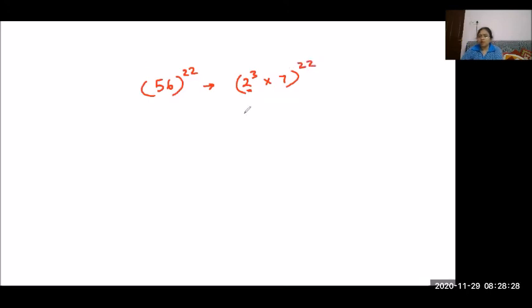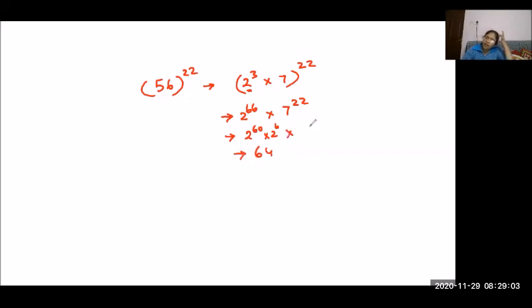This can be written as 2 to the power 66 into 7 to the power 22. Now 2 to the power 66 is 2 to the power 60 into 2 to the power 6. As I told you, 2 to the power 60 will give you 76, and 2 to the power 6 is nothing but 64. So your answer will be 64 here.